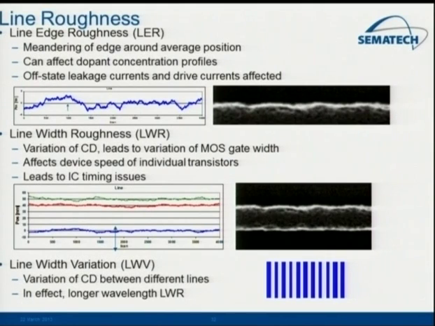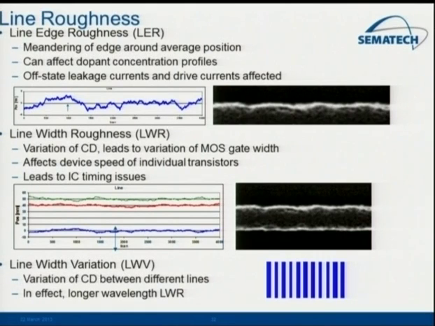So you still have a few nanometer variation in the line width across the feature, but now with a 10 nanometer line, a few nanometer variation is a substantial, tens of percentage variation in the line width. So typically you want to measure those roughness parameters as well.